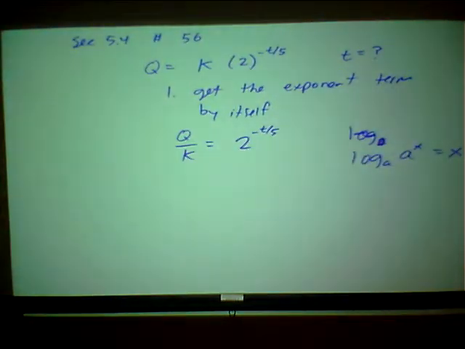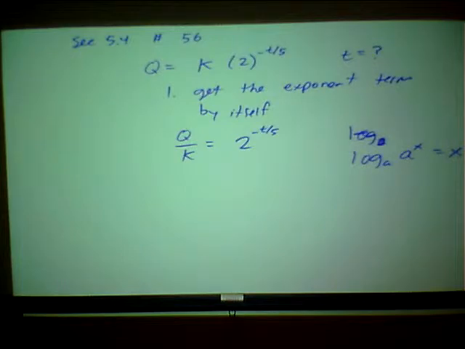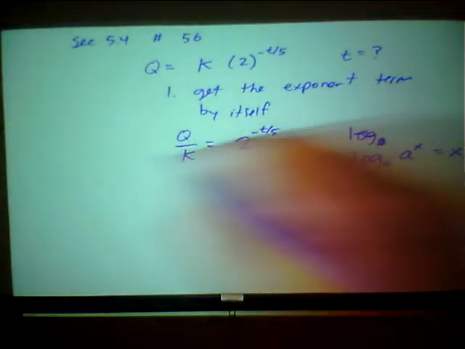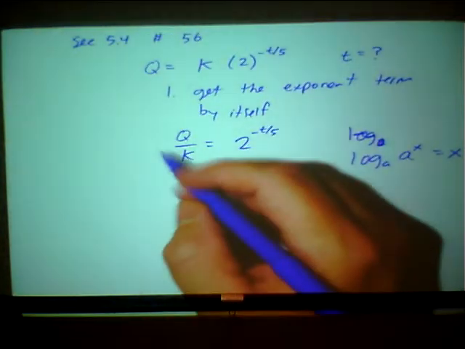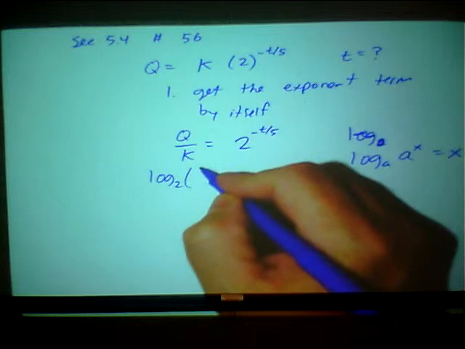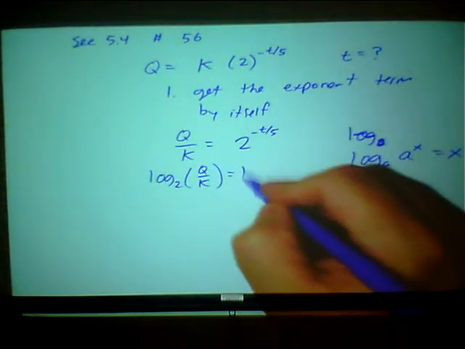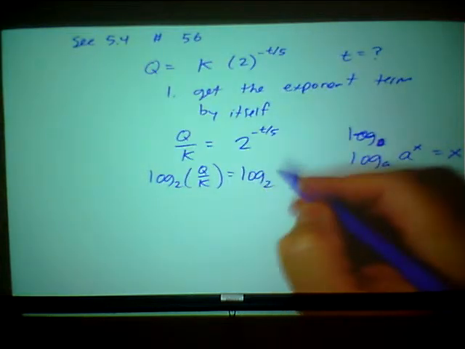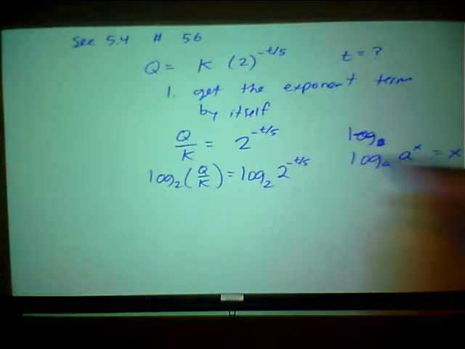So you know what I can do? Since here I have the base 2, my exponent is 2 to the minus T over 5, I can take the log of both sides of this equation, log base 2, and then we'll see what happens. So log base 2 of Q over K, and then log base 2 of 2 to the minus T over 5.